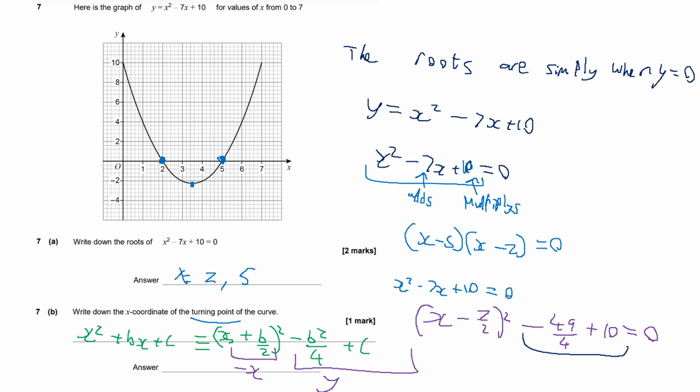That's going to be equal to minus 9 over 4. So we're left with x minus 7 over 2 all squared minus 9 over 4 is equal to 0. And now we're told that this is going to be our minus x. So this point here is my plus, because this is a minus, it's going to be a plus, just change the sign. This will be 7 over 2 and minus 9 over 4.